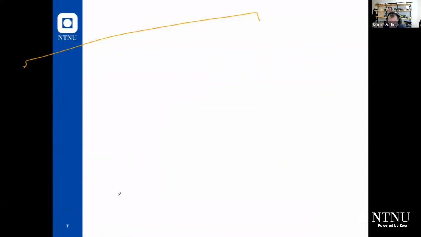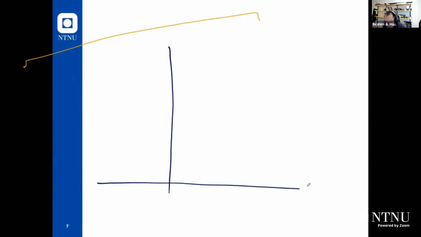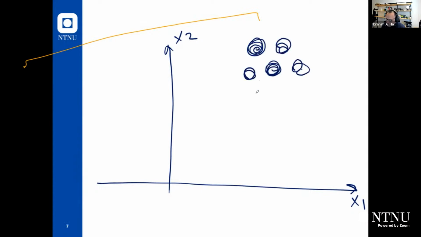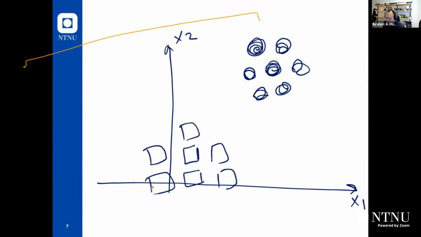we have this problem. If our problem is in two-dimensional space, and I have one class here, which is those circles, and another class here, which is squares, and I need to classify them.